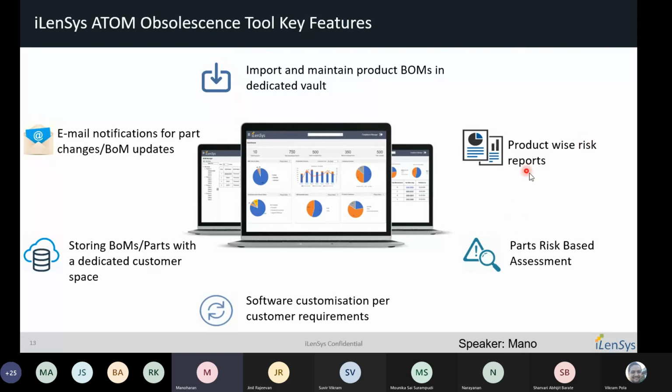So you can periodically look at your products and product lines and see where you stand in terms of risk due to obsolescence. The software product comes with standard reports and dashboards, but in some instances customers require specific reporting and dashboard requirements, so we tend to customize for those.